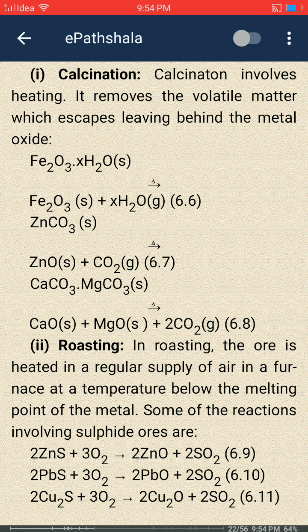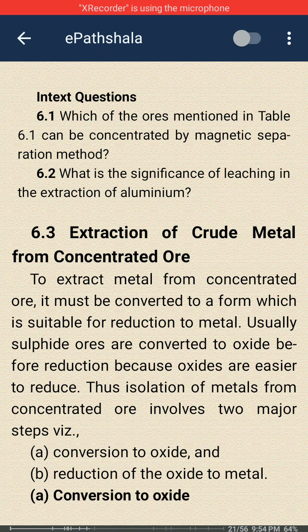So that is the difference between these two. Okay. So that is the first one, conversion to oxide, that we already discussed. For conversion to oxide, there are two methods: calcination and roasting.